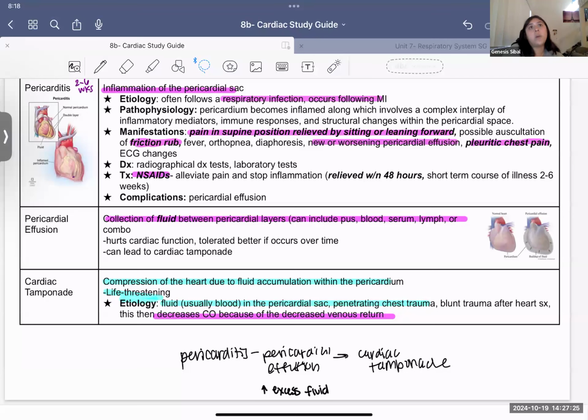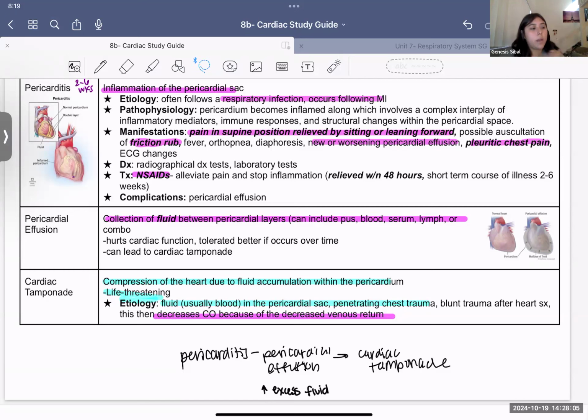And remember, with an infection, you have vasodilation, you have capillary permeability. So even though that has to do with your vessels, with your heart, it can be the same thing. You can have increased permeability between the layers of the pericardium. So fluid is able to get into those pericardial layers because of that increased permeability. You're going to have the fluid come in because, again, with the pericarditis, you're having that infection after it, or you have an MI, because of the inflammatory response it basically wants more fluid.